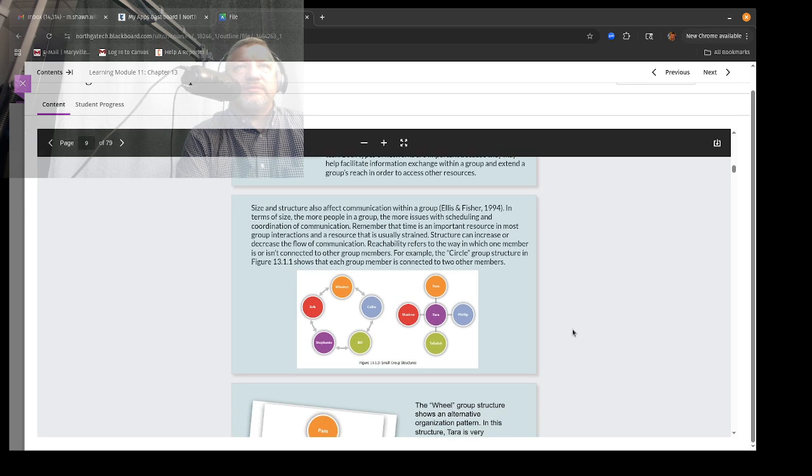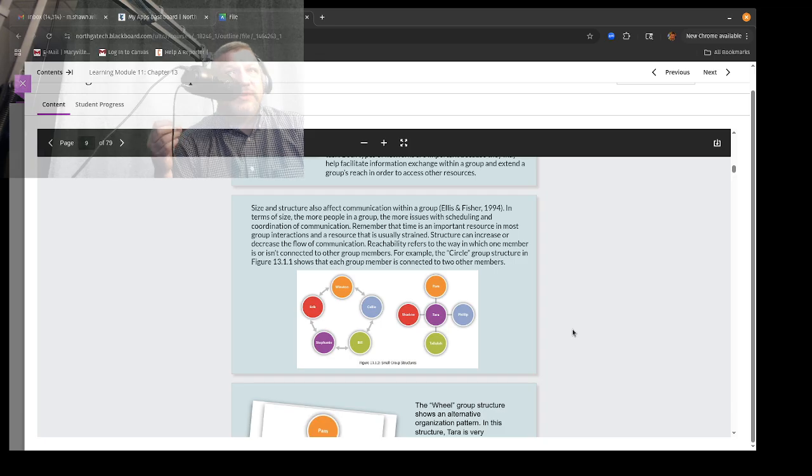Size and structure, like I said earlier, affect the communication within the group. In terms of size, the more people in the group, the more issues with scheduling and coordination of communication. It's just a natural thing. Time is an important resource in most group interactions, and it's a resource that's most strained.